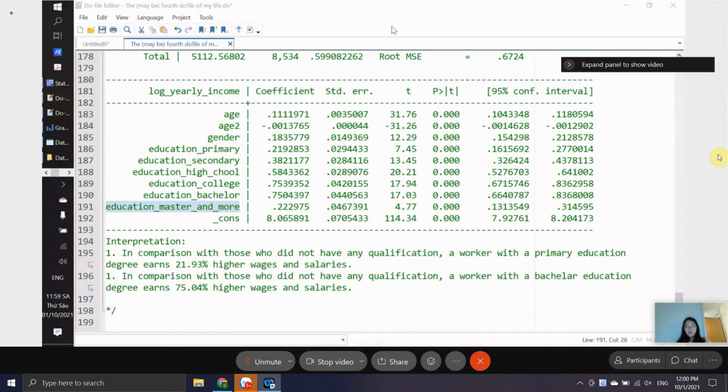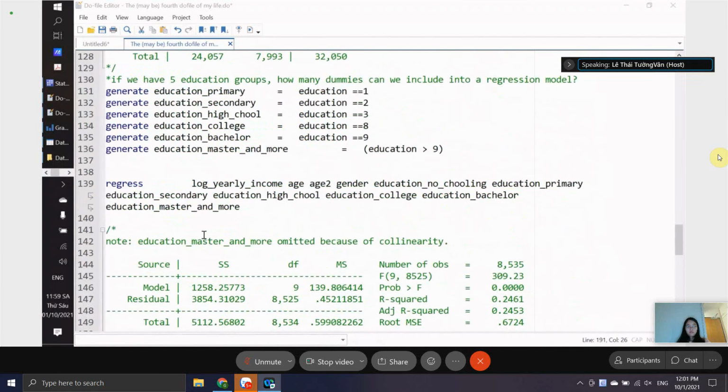Okay, good. Now, ladies and gentlemen, I have to apologize and correct something. Can you please focus on this command here? I am generating a person having education of master degree or higher, with education larger than 9. In Stata, a missing value means infinity, so it is definitely larger than 9.